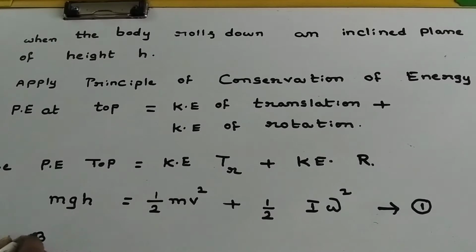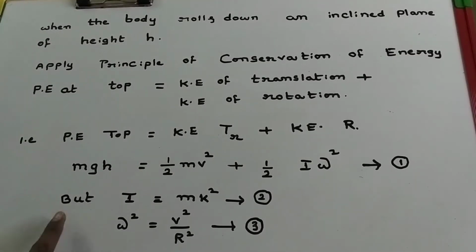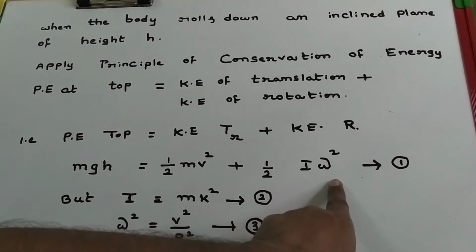But I = mk², equation number 2, and also ω² = v²/r², equation number 3. Now substitute equations 2 and 3 in 1.